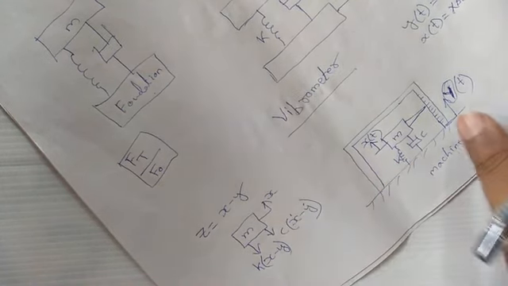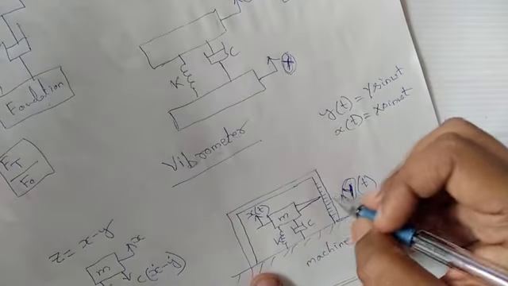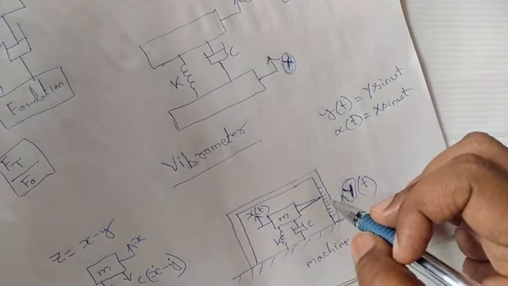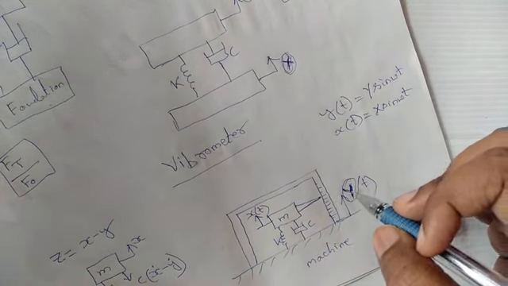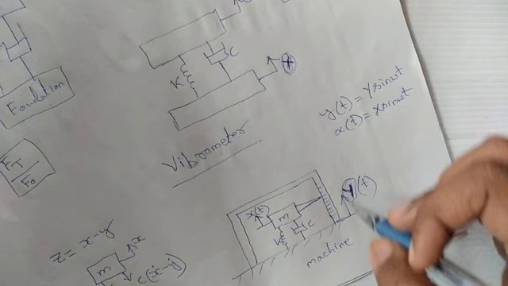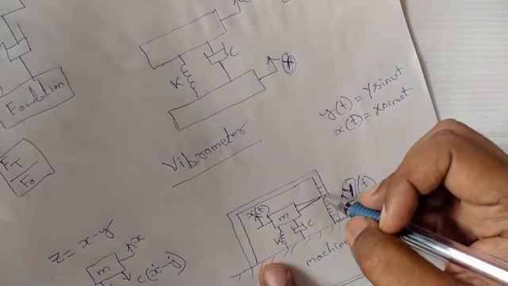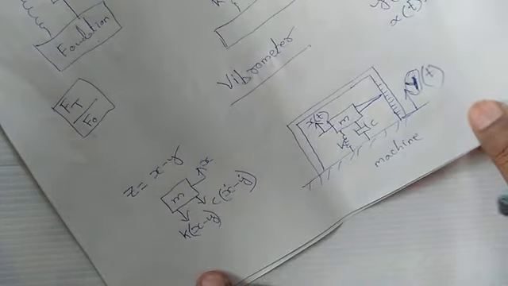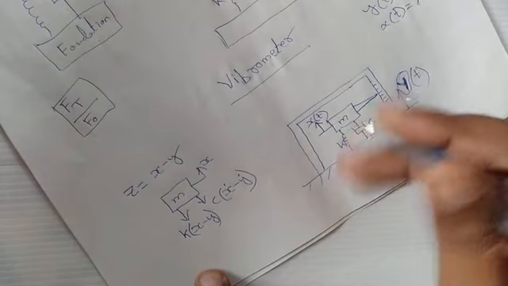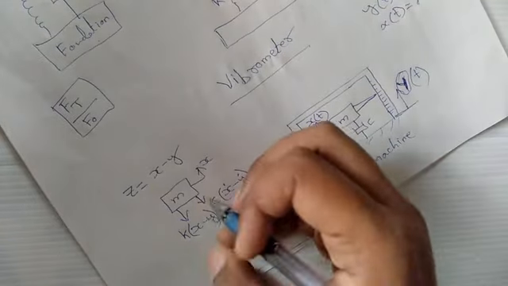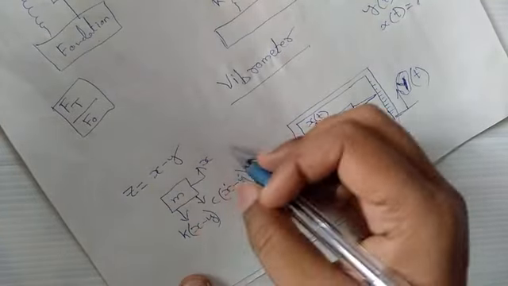So this relative movement is like you are trying to draw on a sheet of paper where the paper is also moving and the pen is also moving. So there is a relative motion. So to read this scale, you take the relative displacement. This you don't do in displacement transmissibility, but you do this when you are discussing the vibrometer. So relative displacement, z is equal to x minus y.